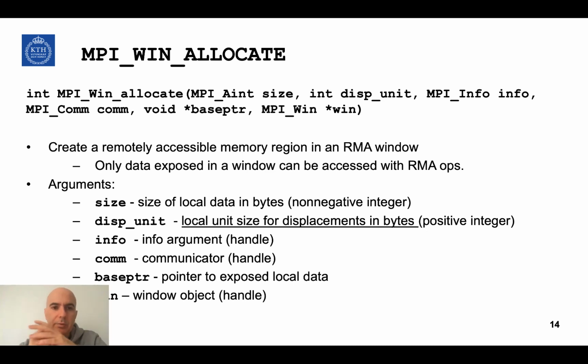We need to provide the size of local data in bytes, the displacement unit, which is the local unit size for displacement in bytes, and then the handle to the info object, the handle to the communicator, and the handle to the window, and also the pointer to the exposed local data.